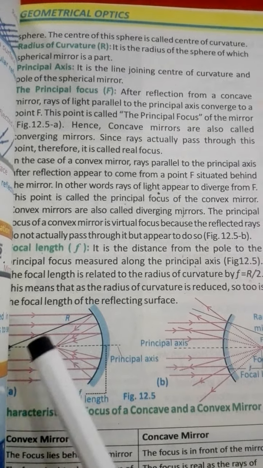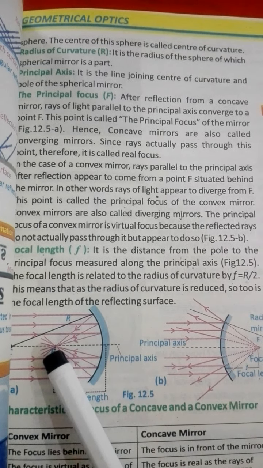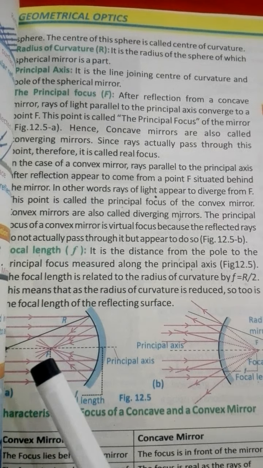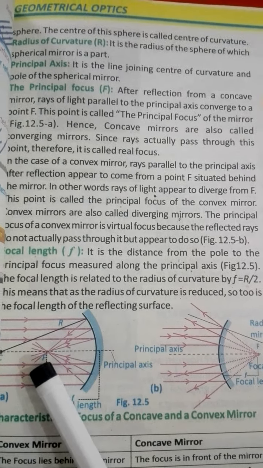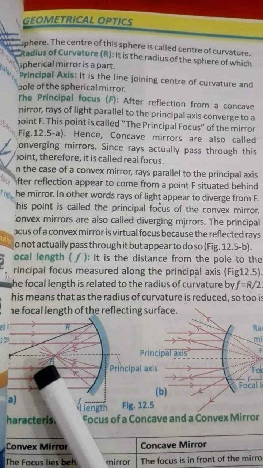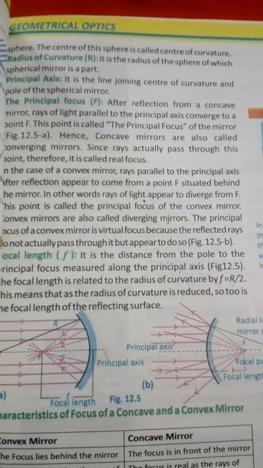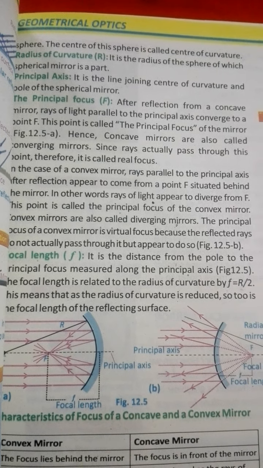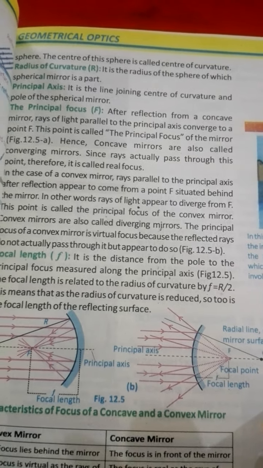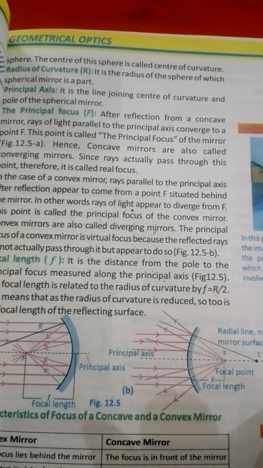You can see all rays are coming at this point. This point is the F and it is called as the principal focus. For concave mirror, it is also called as converging mirrors. For convex mirror, we call it as the diverging mirrors.